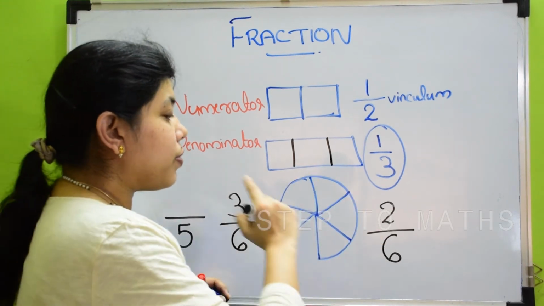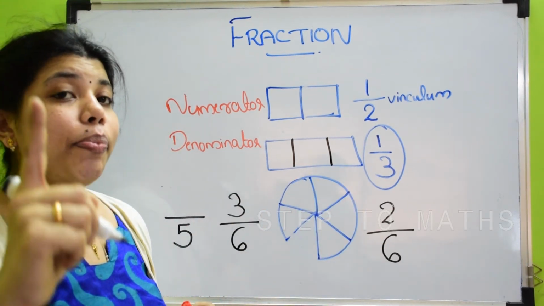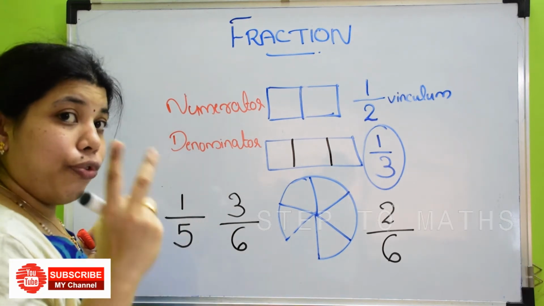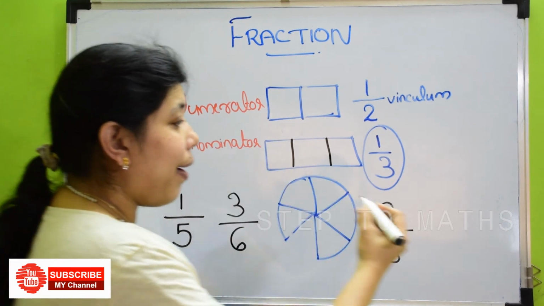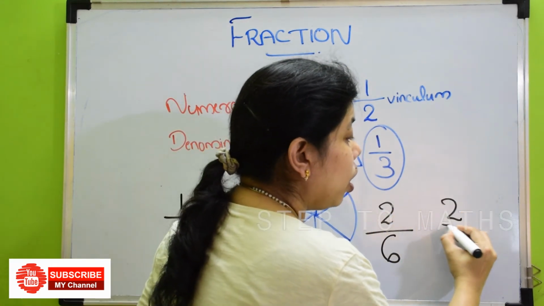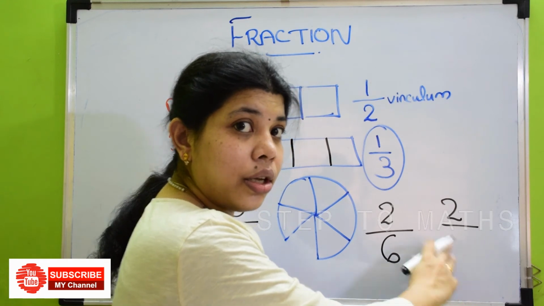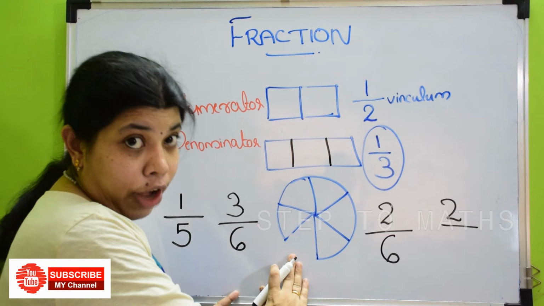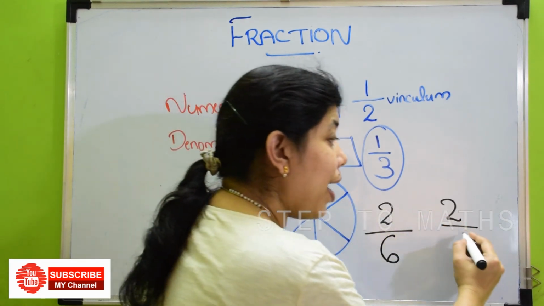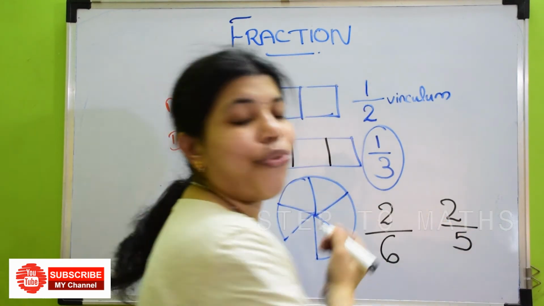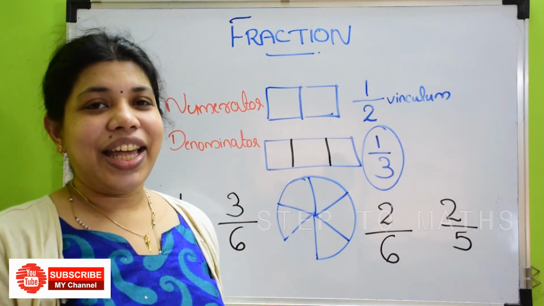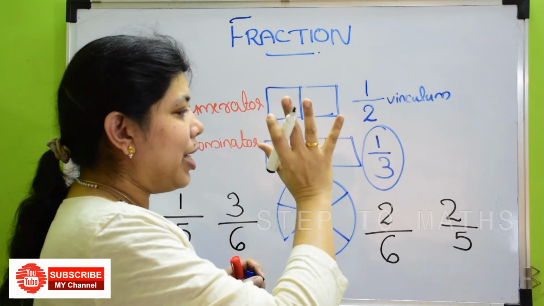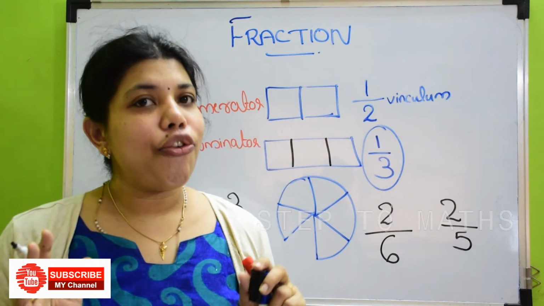And out of these 5 pieces, if you take 1 piece, how can we write that fraction? 1 upon 5. If you got 2 pieces, you can write 2 upon 5. In this way, we can represent the fraction.